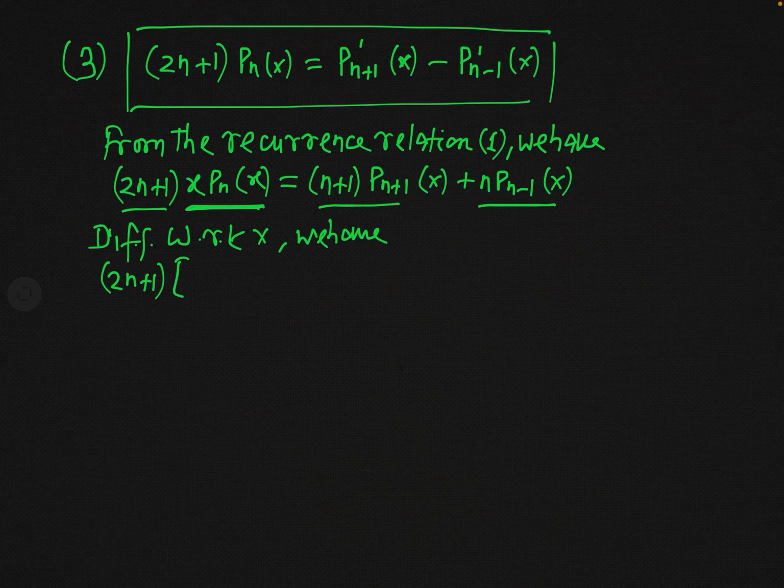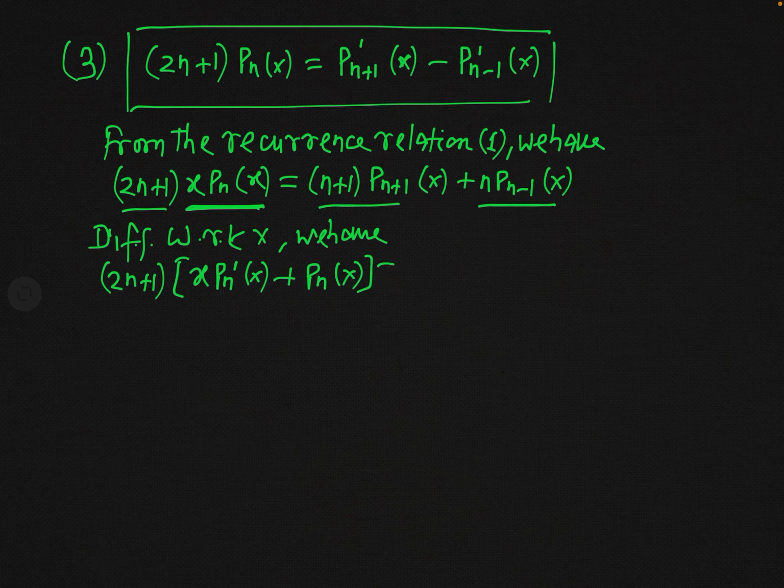Here x is the first function, so we take x as it is and differentiate Pn(x), which is simply Pn'(x), plus the derivative of x, which is simply 1, so this is only Pn(x).